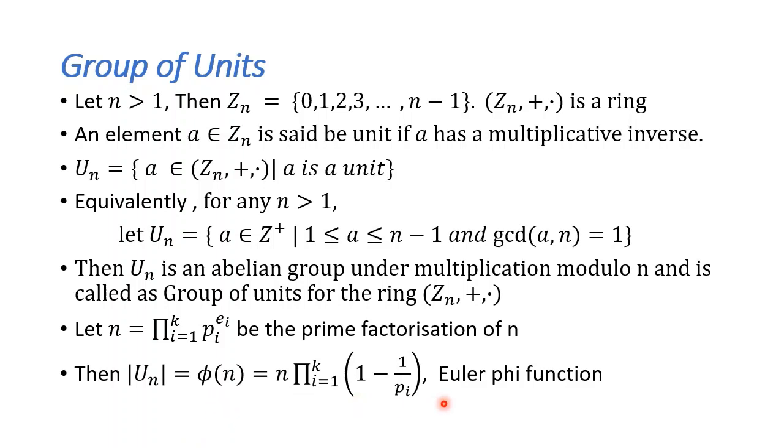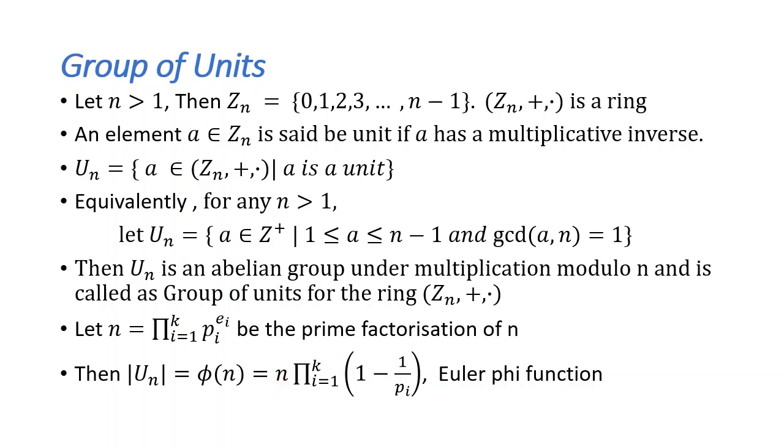Phi of n is the Euler phi function, obtained from this formula: n times the product for i equal to 1 to k of (1 minus 1 by Pi), where k is the number of prime numbers obtained when factorizing n. So this is to find the number of elements that Un will have. You can verify using this formula whether we have left out any numbers or included all the numbers satisfying this condition.